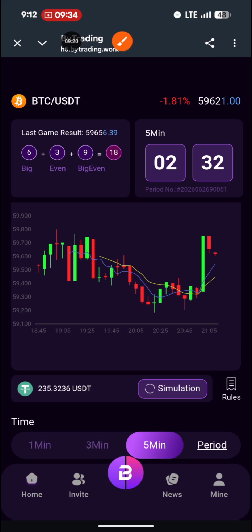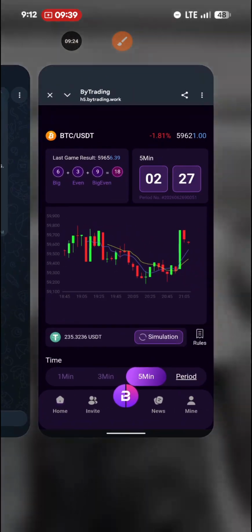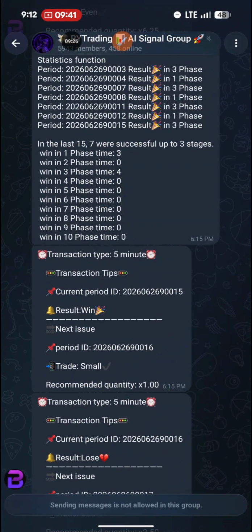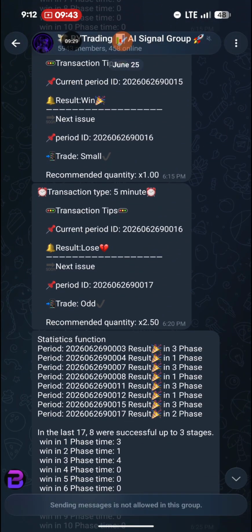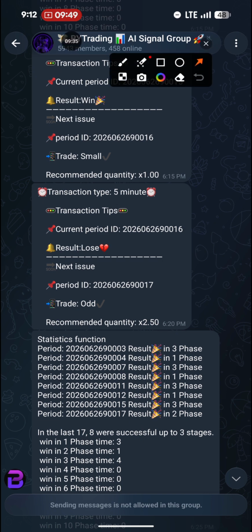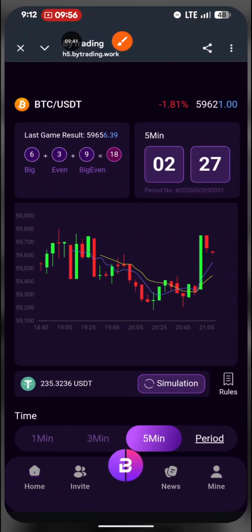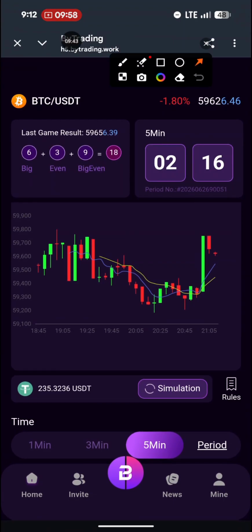So imagine, let's say you come to the platform, you enter the signal group, and you missed the first trade and the second trade. You want to follow the trade for that day. You just take note of the period ID. Once you take note of it, you confirm that the period ID is the same as what you are having here.